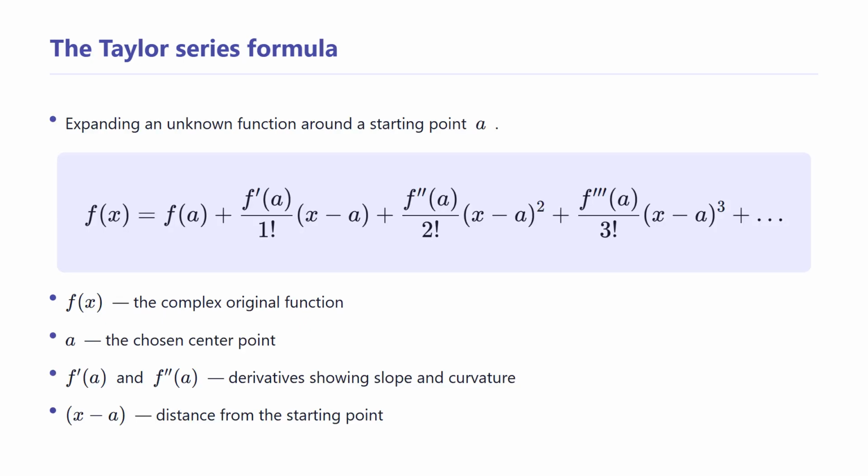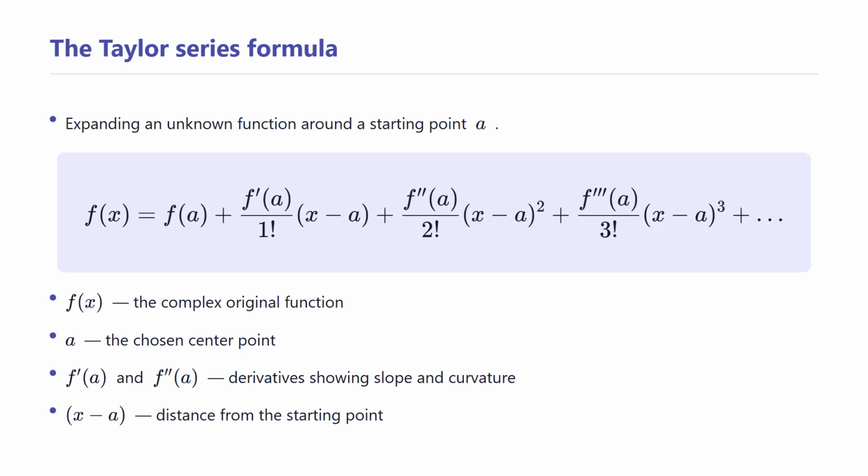Now that we understand the goal, let us look at the mathematical engine behind it. This is the general formula for a Taylor series expanded around a specific point. We want to approximate our unknown function, f of x, using its value and its derivatives exactly at a starting point, a. Let us break down the symbols. The term f of a is the exact height at our starting point.